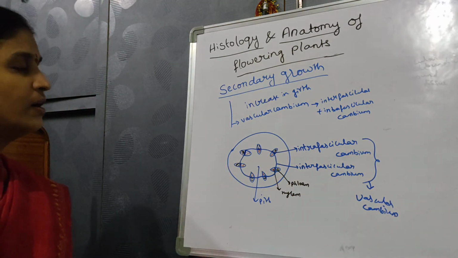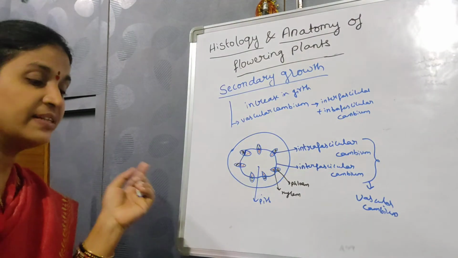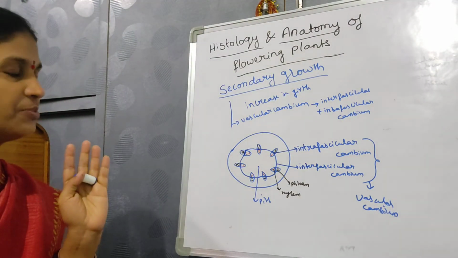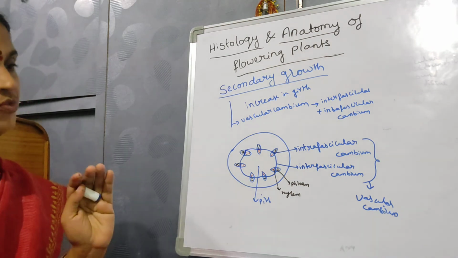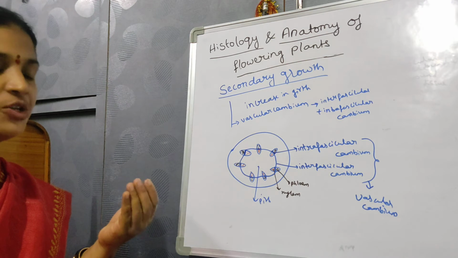Then if you see, there are two types of woods: spring wood and autumn wood. During favorable conditions, when the water is available, the plant is going to grow, isn't it?